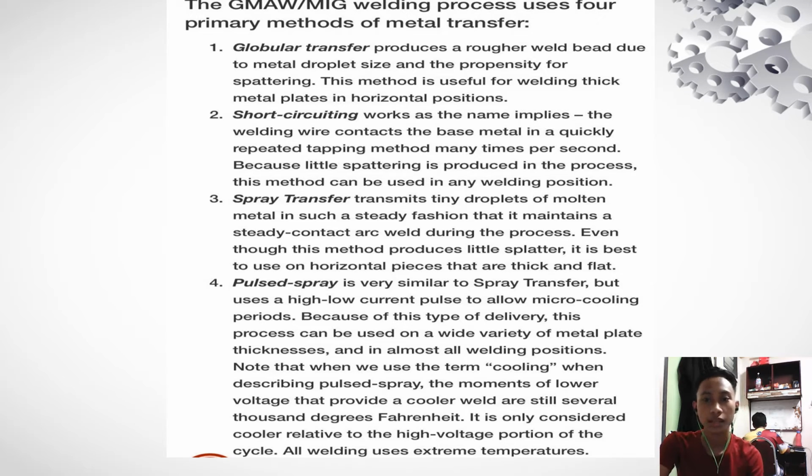Transmits tiny droplets of molten metal in such a steady fashion that it maintains a steady contact arc during the welding process. Fourth, fast spray is very similar to spray transfer but with pulsed periods. This process can be used on a wide variety of metal plate thicknesses and in almost all welding positions.